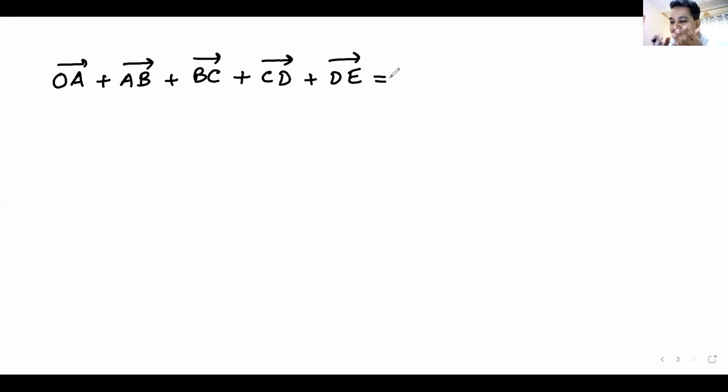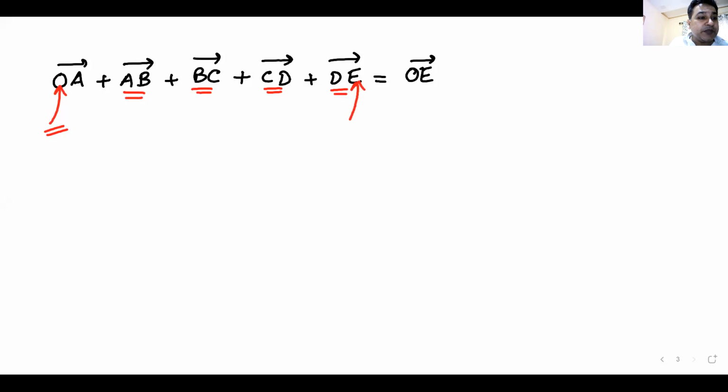Without even looking at them, just looking at how they are written, I can simply write the answer: the tail of the first vector and the head of the last vector. But remember, all the vectors must be arranged in the same format. Tail of the first one, head of the last one, and we are done.